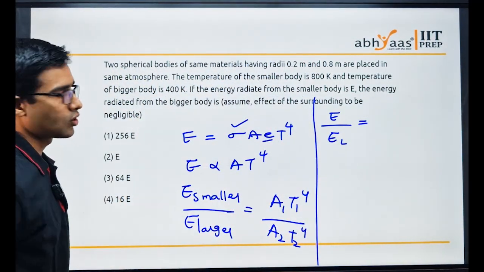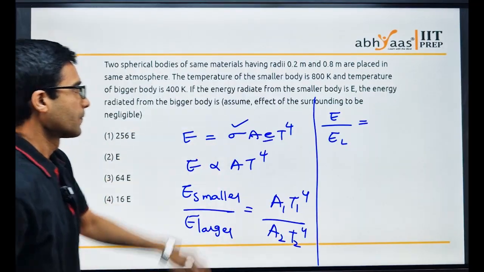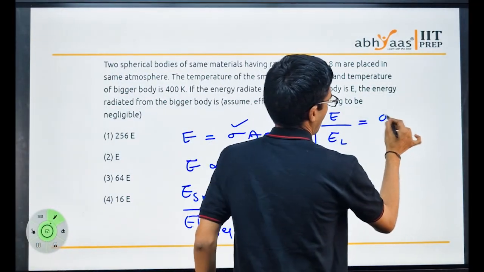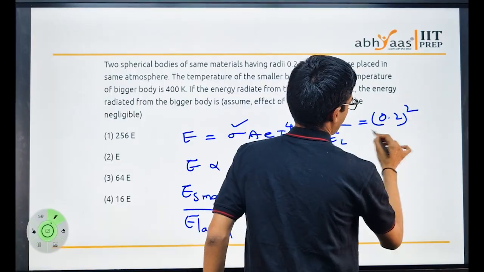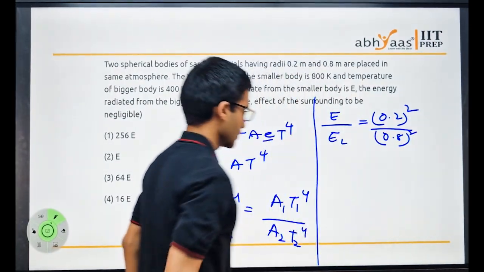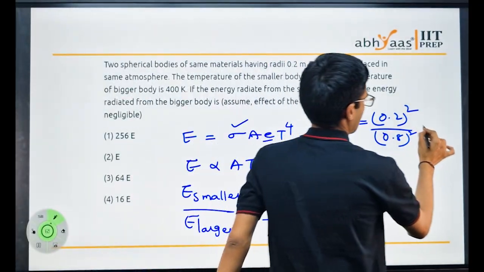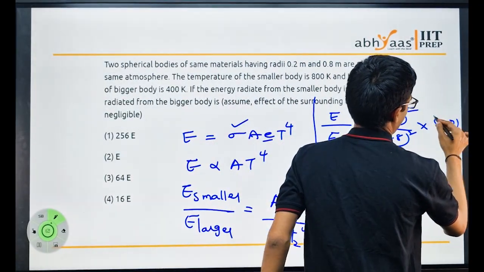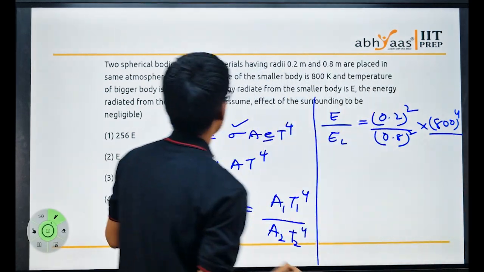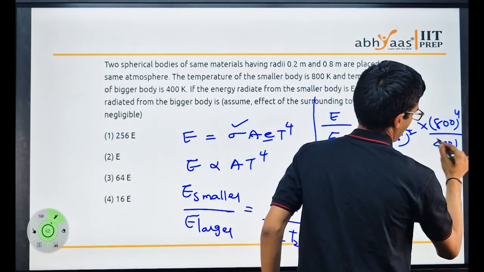So A is equal to 4 pi r square for a spherical body. So r square divided by the area for the bigger body, which is 0.8 square. T1 is given, for the smaller body 800 power of 4, by the bigger body's 400 power of 4.